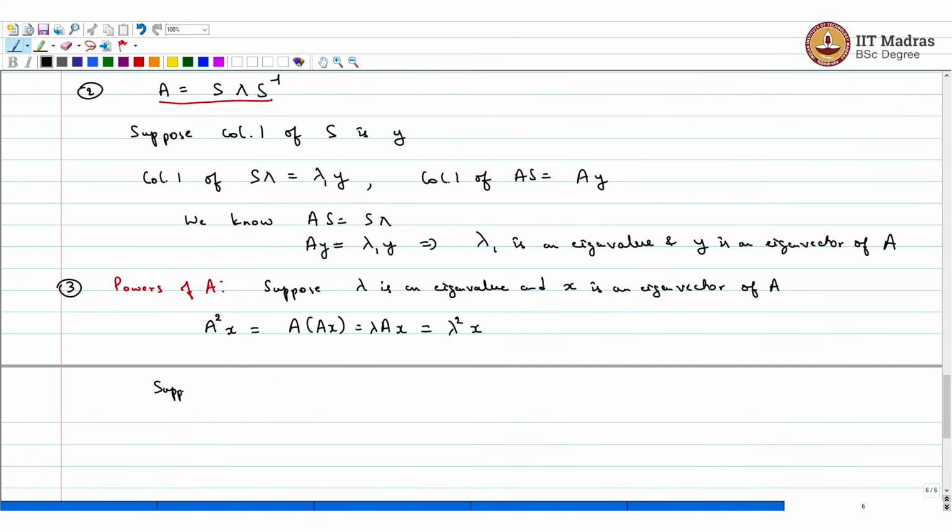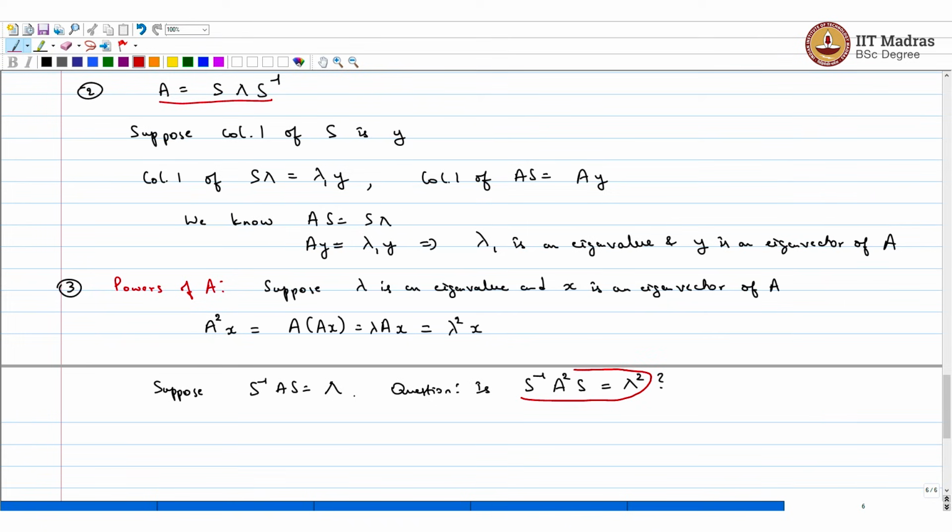Now, suppose S inverse A S is a diagonal matrix, then the question now is, is S inverse A square S equal to lambda square?